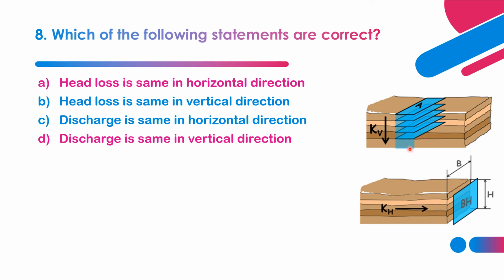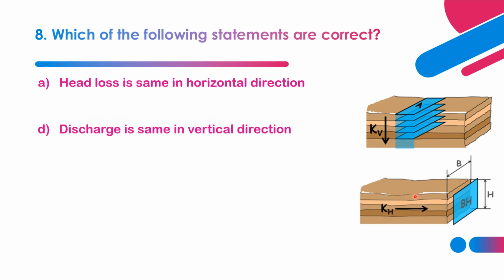And in case of vertical direction, discharge will be same, because whatever water is present here will be discharged to the second layer, the same will be discharged to the third, and the same to the next layer. So discharge is same in the vertical direction, but here in the horizontal case discharge is the sum of all the discharges in each layer, while the head loss is the same.